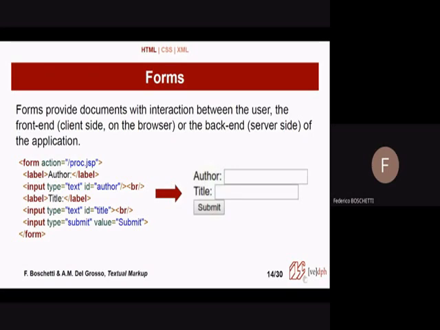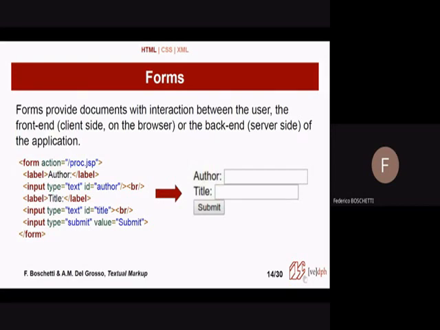So in this example, you see that the information that you put inside these text boxes is sent to a page that will process it. Okay, proc.jsp is an active page that will process the information and will send back the results.